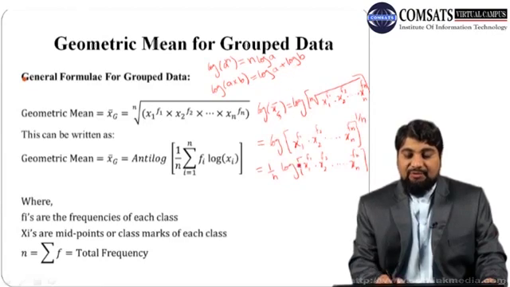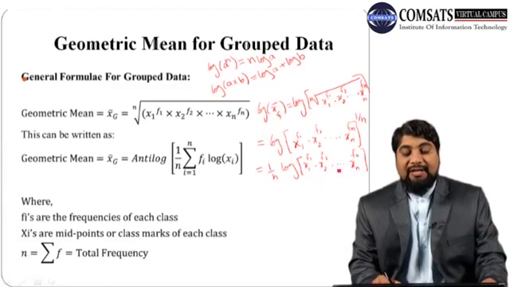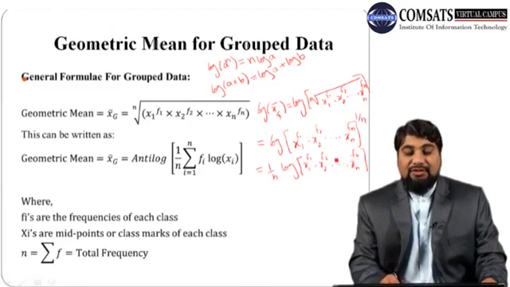So as far as our expression here is concerned, we can see that all these terms are being multiplied. x1 raised to power f1, this is being multiplied with x2 raised to power f2, and so on. Last expression is xn raised to power fn. So using this rule, so log of product of numbers is log of individual numbers, and both terms are being summed or added together.